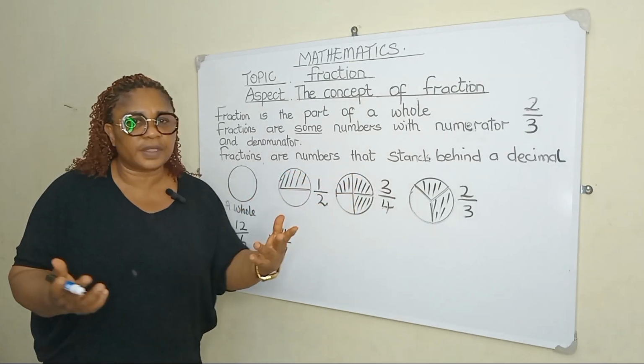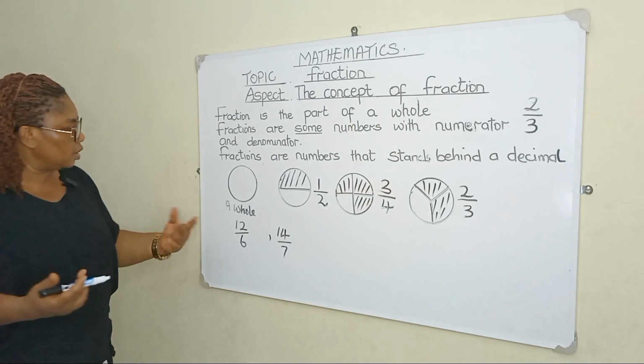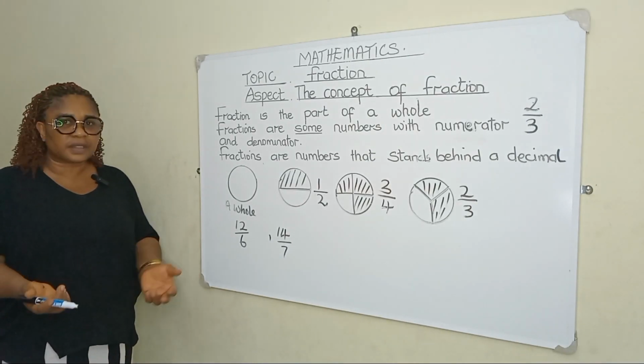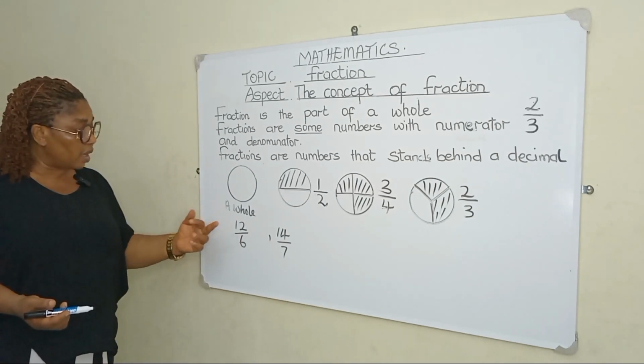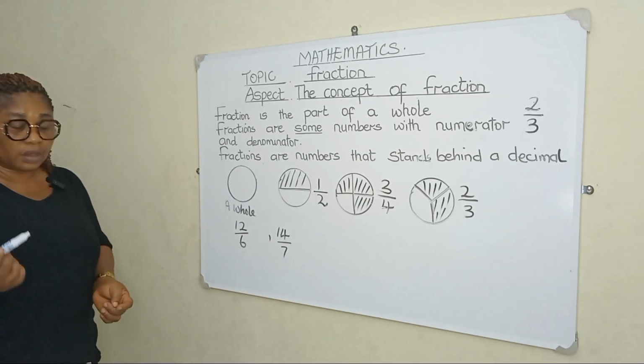It is 12 over 6. But these are not fractions. Yes, they are numerator number and denominator number, but they are not fractions.